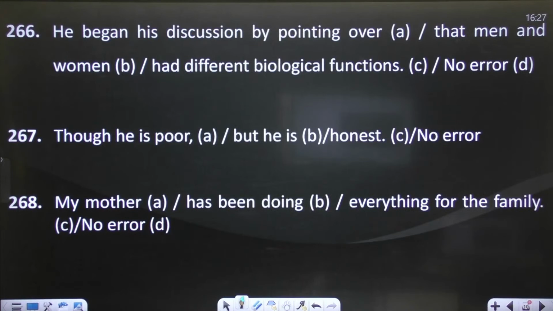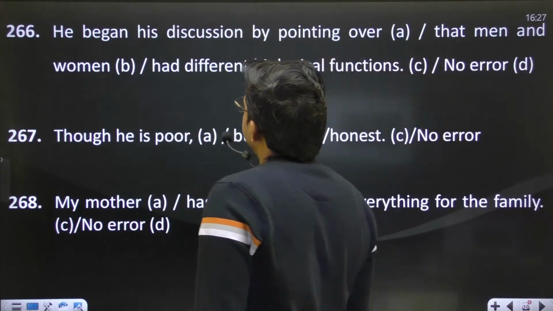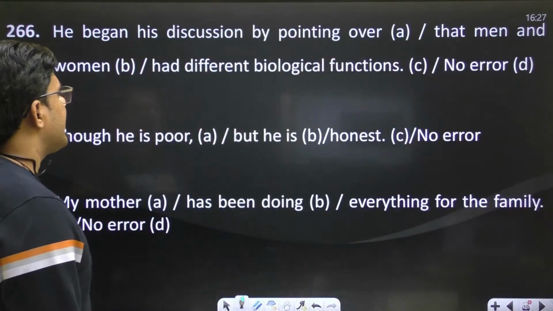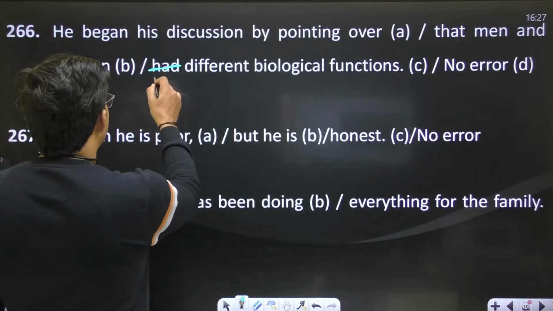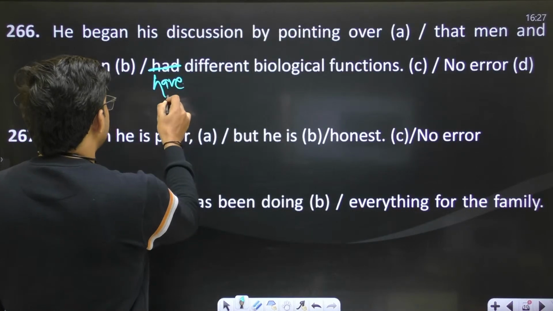Man and woman have different biological functions.